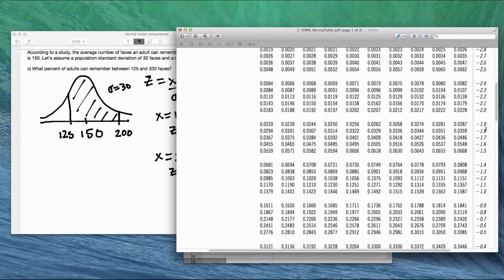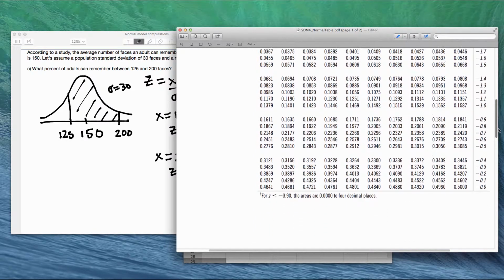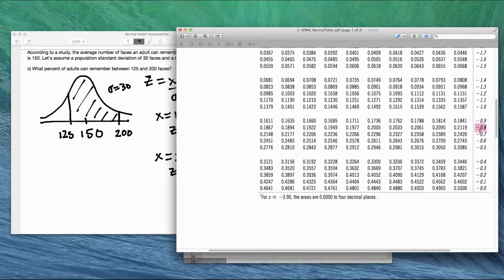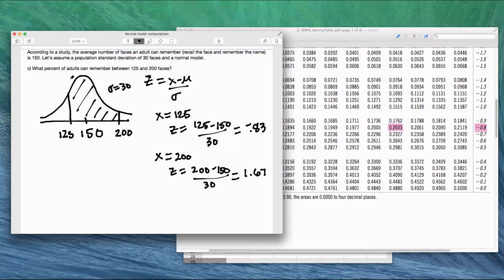Here we go. 0.2033. I'm going to remember that, 2033, because that is the area to the left.